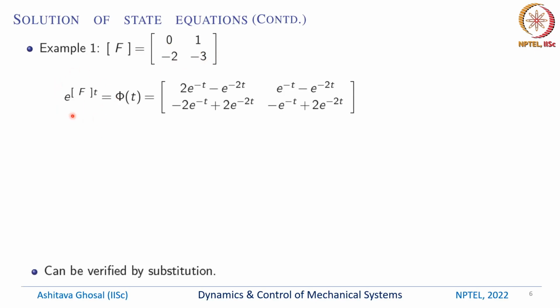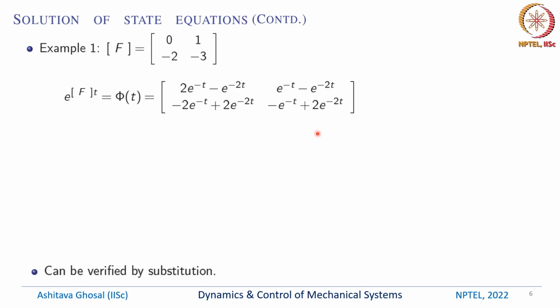We can show that e to the power ft, which is the exponential of this matrix F times t, also denoted by phi of t, is given by 2 e to the power minus t minus e to the power minus 2t, minus 2 e to the power minus t plus 2 e to the power minus 2t, e to the power minus t minus e to the power minus 2t, minus e to the power minus t plus 2 e to the power minus 2t.